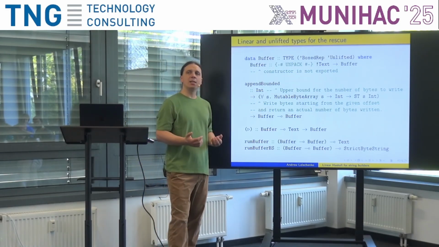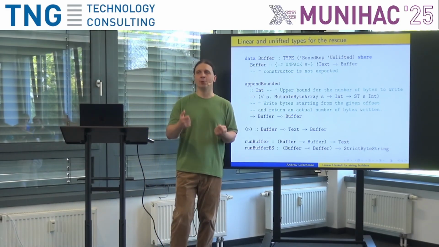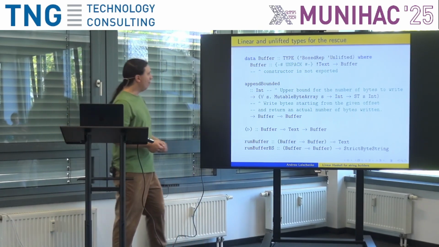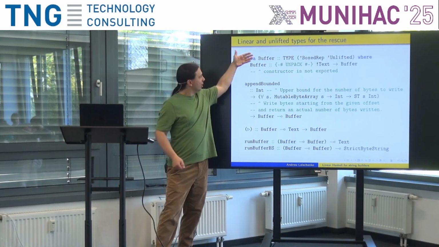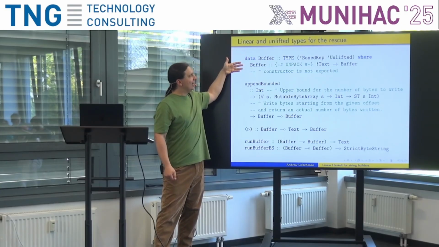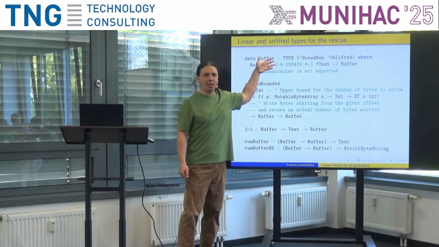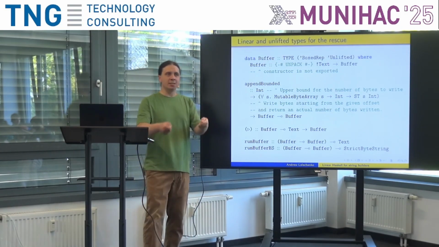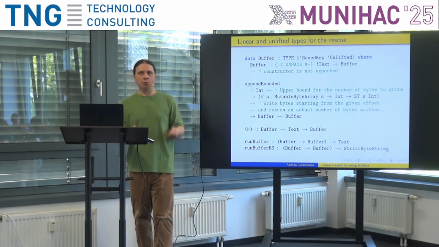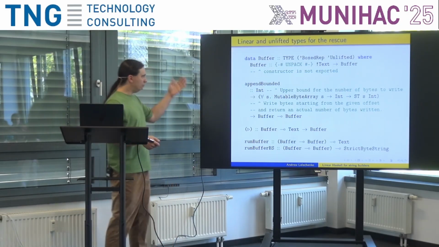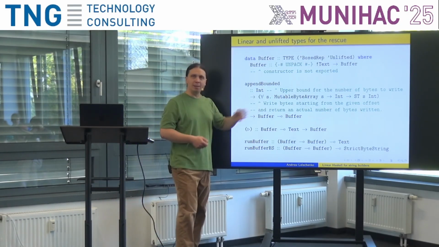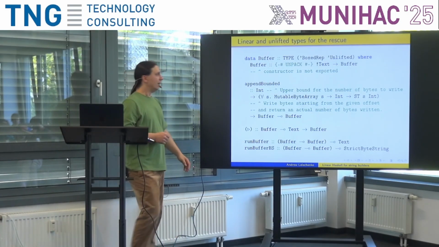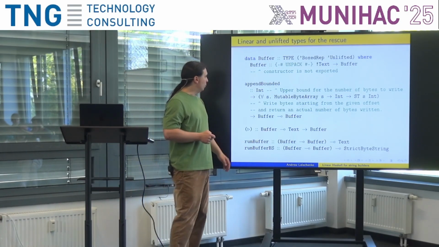You can never say that some value is linear by itself. If I give you this buffer, there is nothing saying that it's linear here, right? No lollipops here at all. So if you ever get this buffer in your hands, you can do all sorts of dirty tricks with it. You can indeed pass it multiple times to the same function and destroy it in the most horrible way.